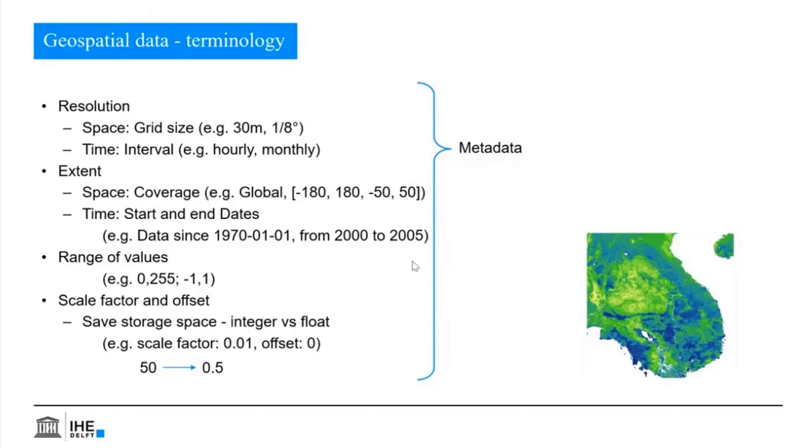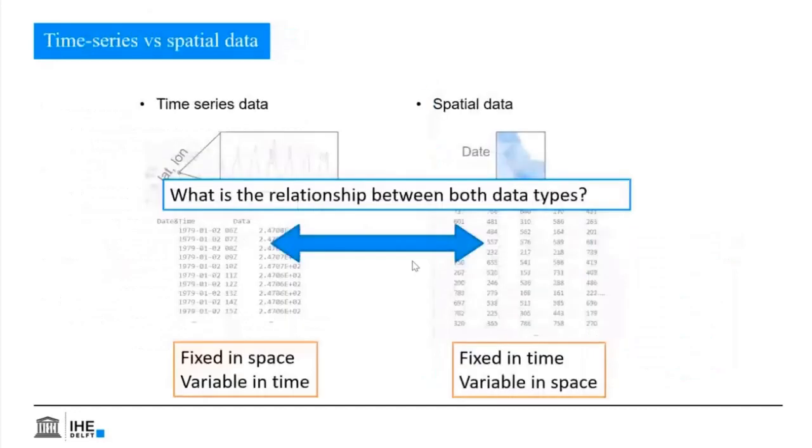This is to stress the importance that when you use geospatial data, either from remote sensing or model products, it's always important to look at the metadata of the datasets, and also to ask: is it time series format or spatial data, or does it have both time and spatial dimensions?